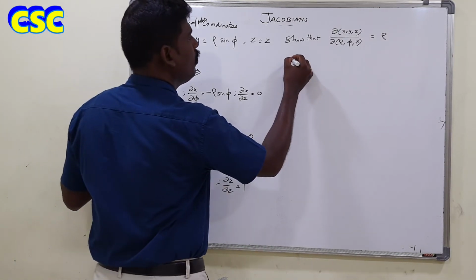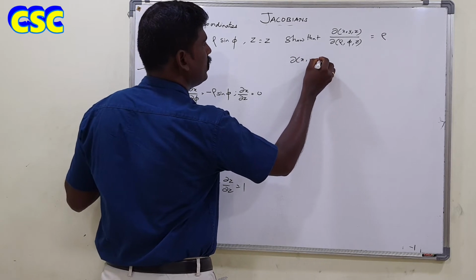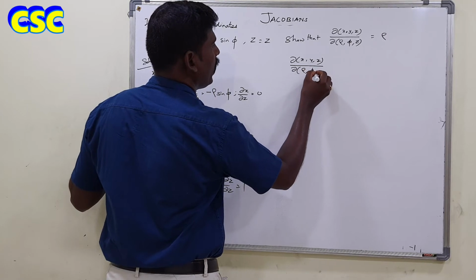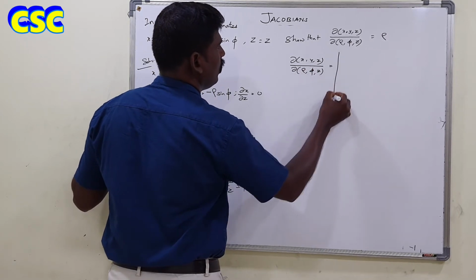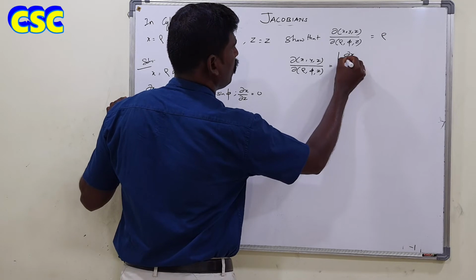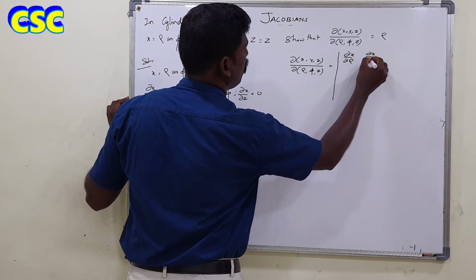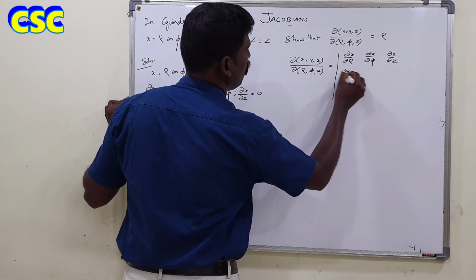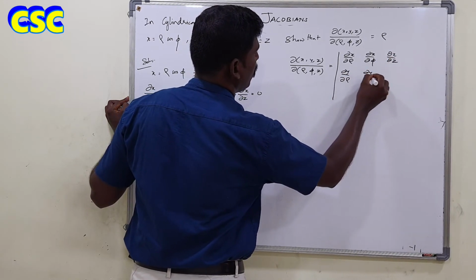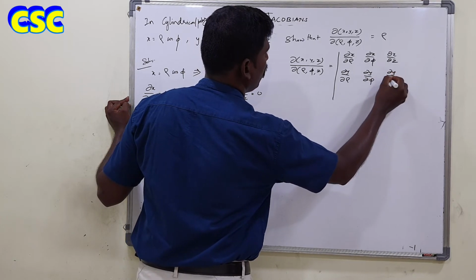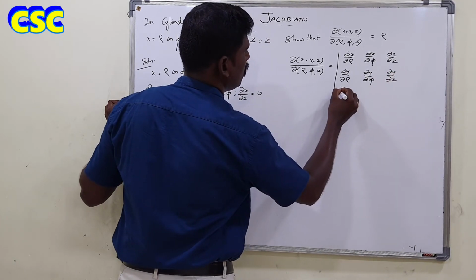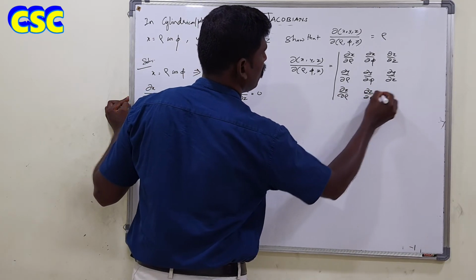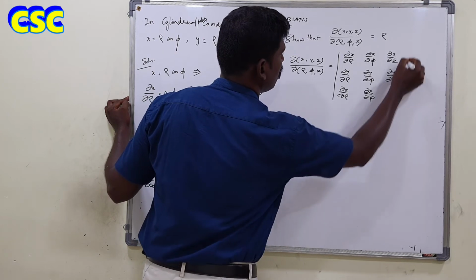So what is this value? Dou of x, y, z with respect to rho, phi and z, isn't it? So that is equal to the determinant of dou x by dou rho, dou x by dou phi, dou x by dou z, dou y by dou rho, dou y by dou phi, dou y by dou z, dou z by dou rho, dou z by dou phi, dou z by dou z.